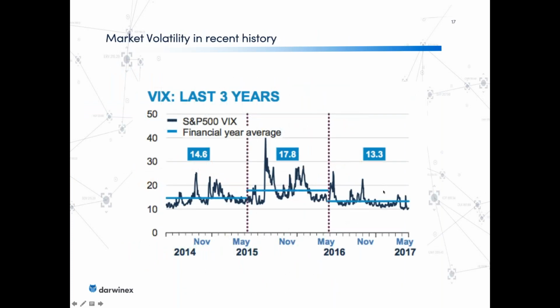Now, as a caveat of this, obviously we have to highlight the fact that Darwinics has only existed as a broker since May 2014, and we're growing quite a bit, but for the first year and a half we were quite a small broker, so we don't really have access to a very large sample of customers.